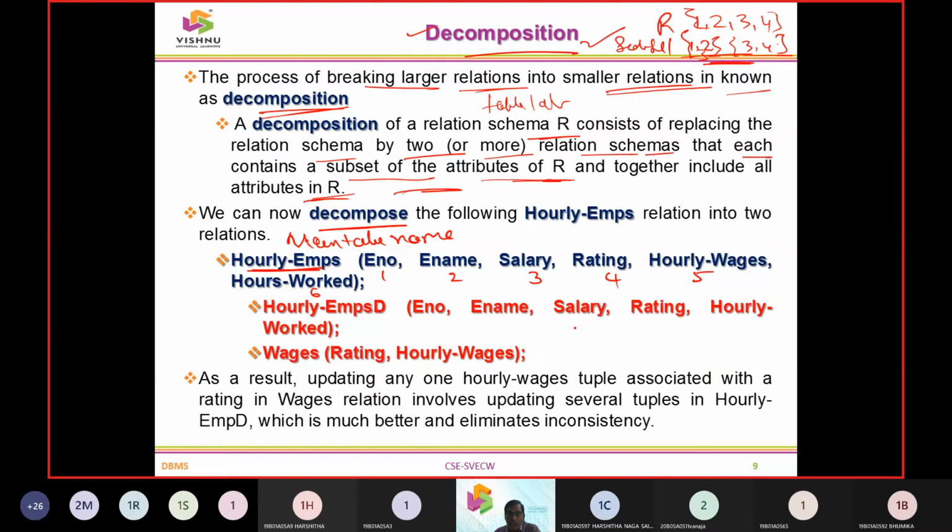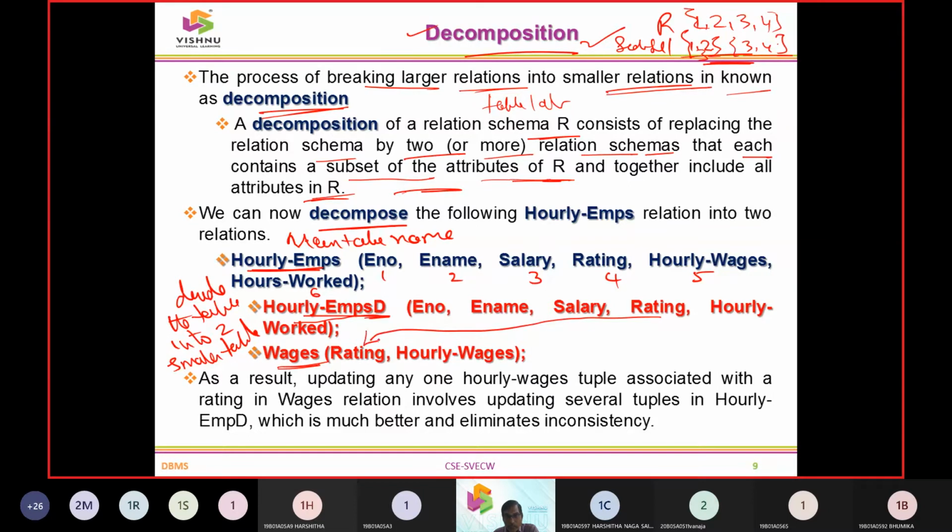Now we divide the table into 2 smaller tables. So what were the smaller tables here? One is hourly employees, and the second one is wages. One we are going to call hourly employees, another we are going to call wages.